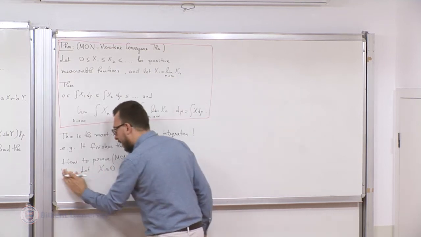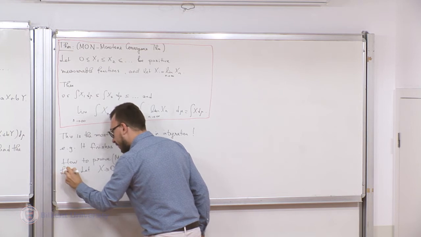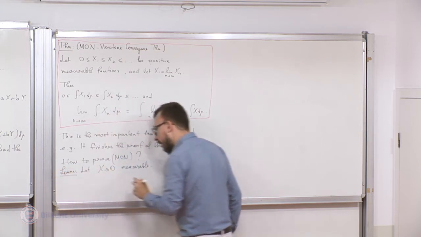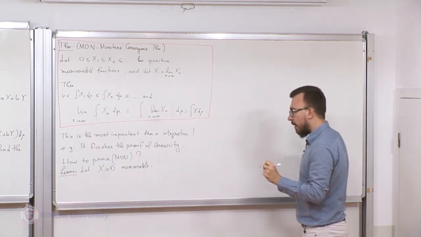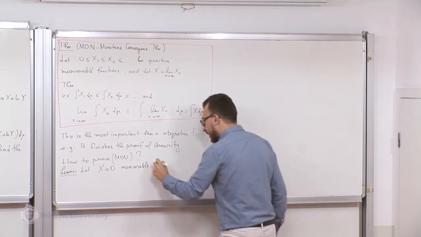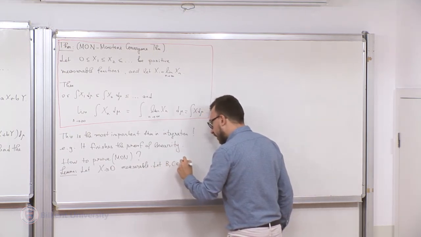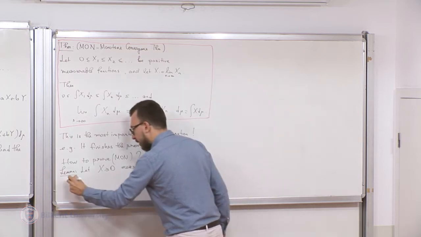Let me write it as a lemma, okay? Not idea, but lemma. And let B, C be disjoint sets.